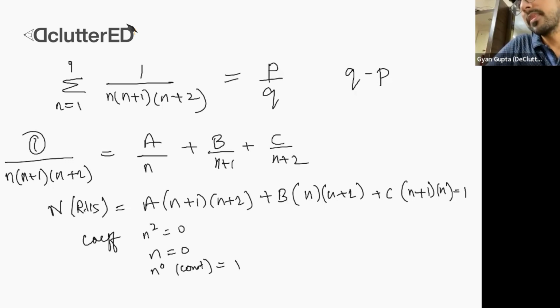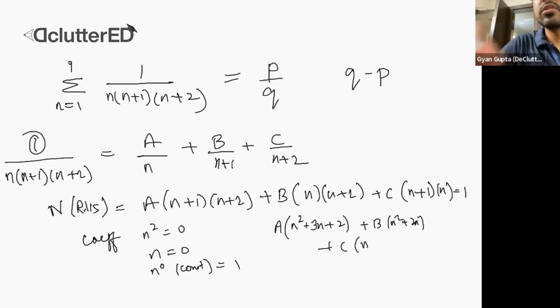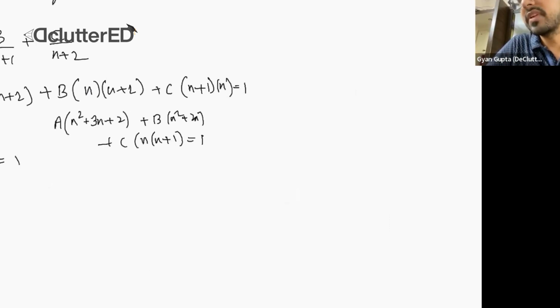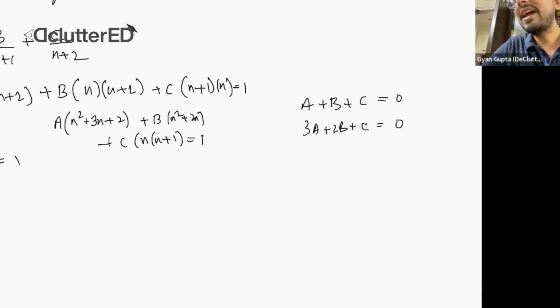So my equations would translate like this: A plus B plus C is the coefficient of n square, and so on for n, and 2A equal to 1, since that is the only term that will generate the constant term.